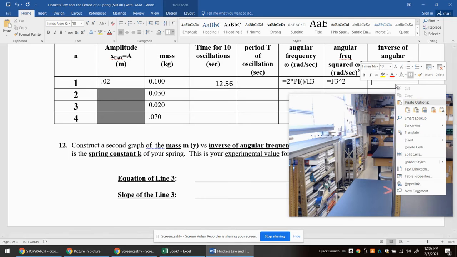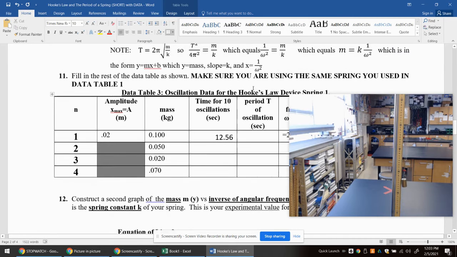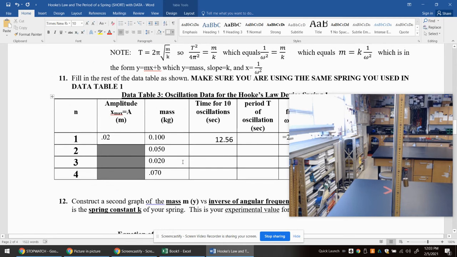And then you invert it. And so it would be like 1 over G3. And that is 1 over omega squared. Make sure I put the equal sign there. That would be your 1 over omega squared value. That goes on your x-axis, and the masses will go on your y-axis.